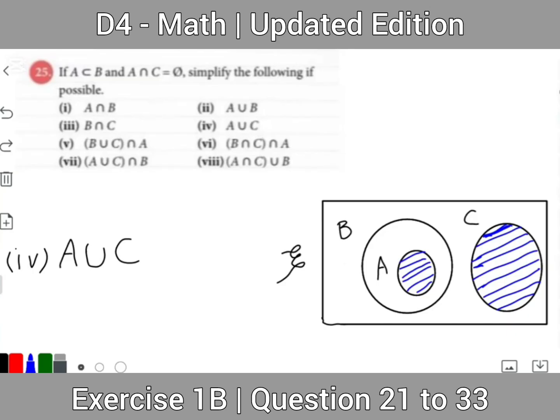Just because A union C does not equals to any set A, B, or C. And A and C are disjoint sets, so their union cannot be simplified further.